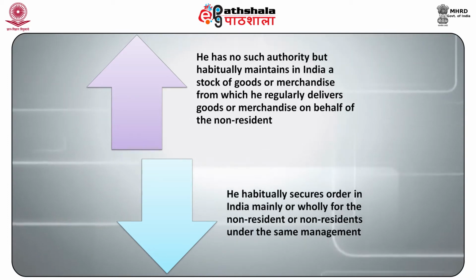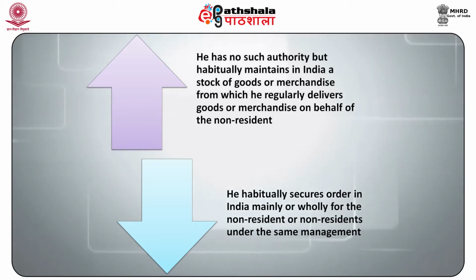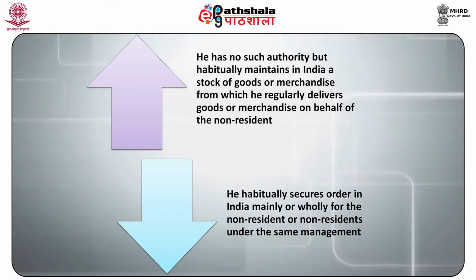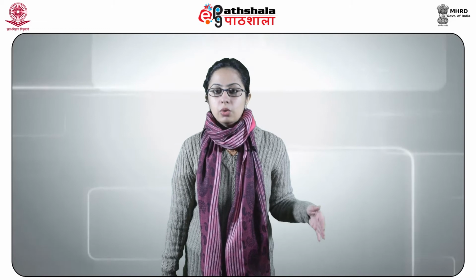Third, he habitually secures orders in India mainly or wholly for the non-resident or non-residents under the same management. Where a business is carried on in India through a person referred to in the above three activities, only so much of the income as is attributable to the operations carried out in India shall be deemed to accrue or arise in India.